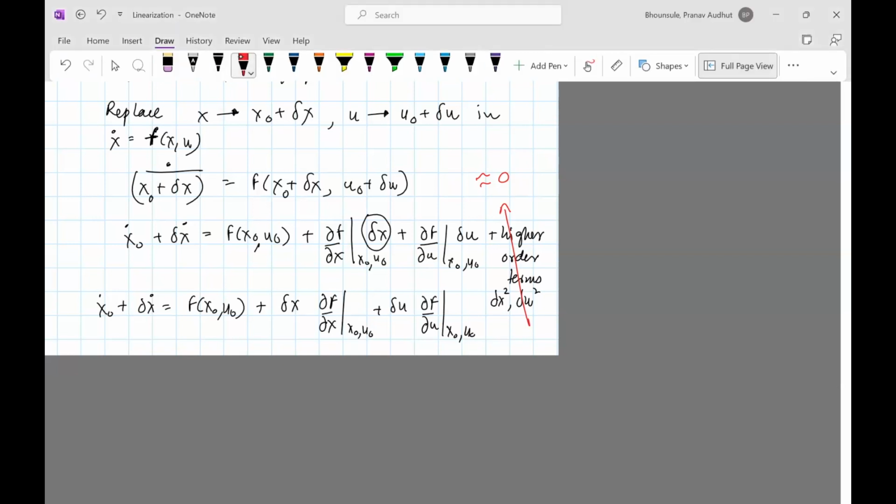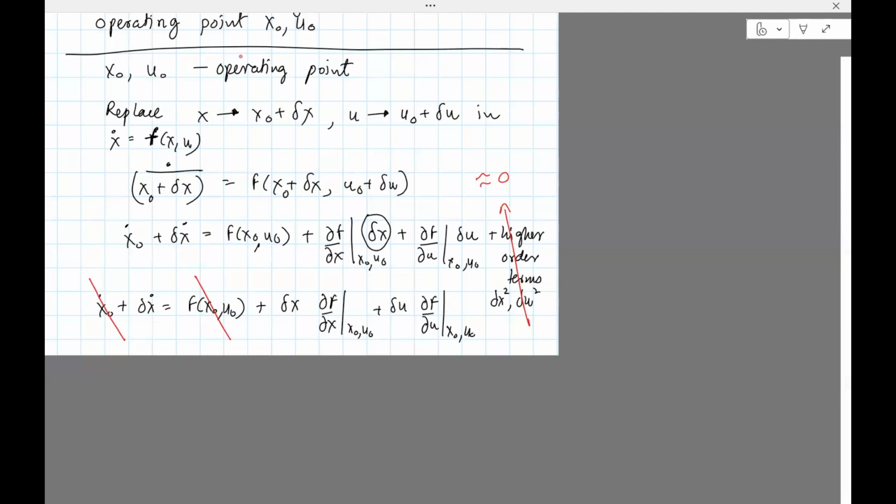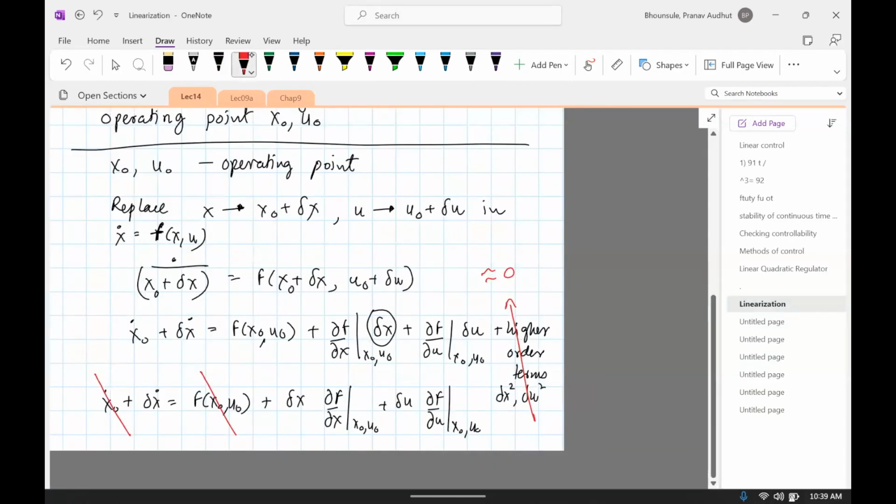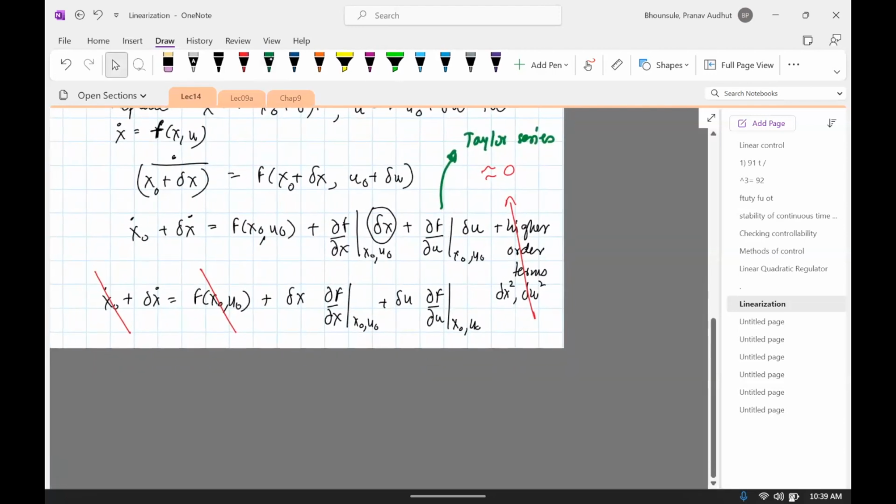Now what we see is that this can cancel with this, because when x is x0 and u is u0, x dot equals f of x0, u0. This is the Taylor series, and x0 dot is f of x0, u0, steady state. So we can cancel that, and whatever remains, I'm going to write on a new page.